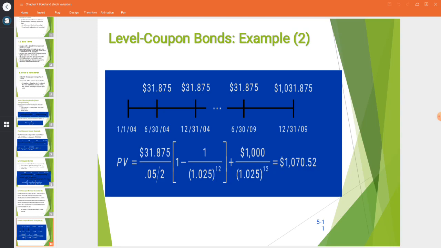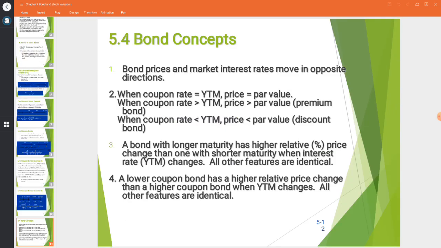Plus, we have the face value, 1,000, divided by 1 plus 0.25 power to 12, because this is a semi-annual coupon bond. As you see, the BV is 1070.52. This is the BV of this type of bond.